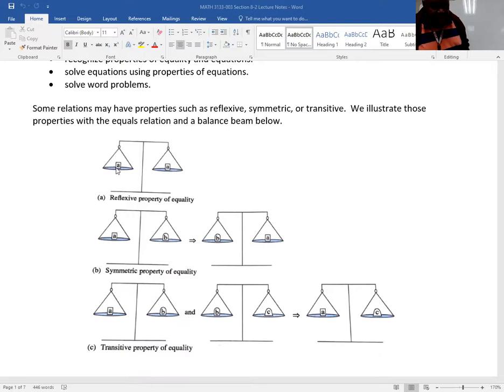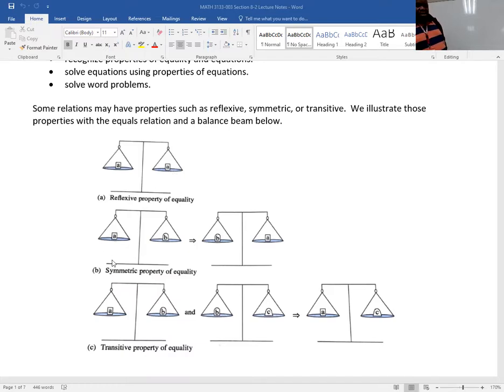That means if I have some A equal to some A, they're both equally balanced. Like 6 equals 6. That would be an example of the reflexive property, because I have the same amount on the left side as I do on the right side.